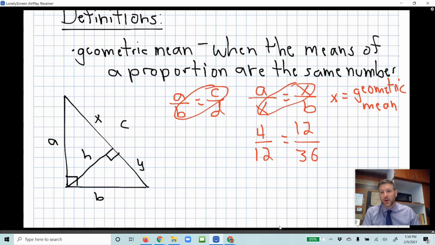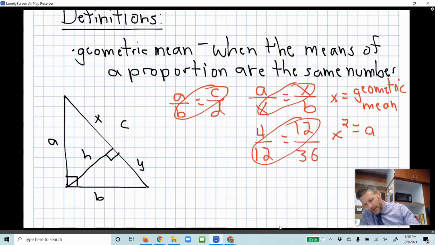You can do the cross multiplication and you'll see they work out the same. And the way that you can express this in terms of a formula is, geometric mean is not only how I wrote it in the proportion, but you could also write it as x squared equals a times b.